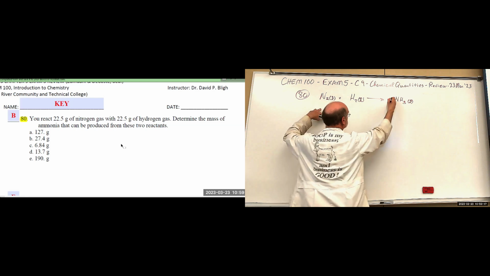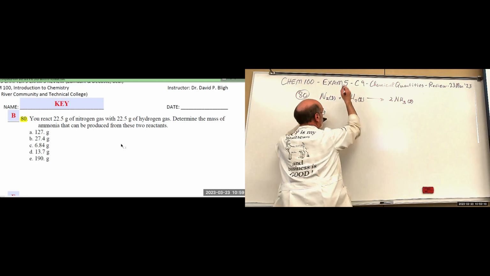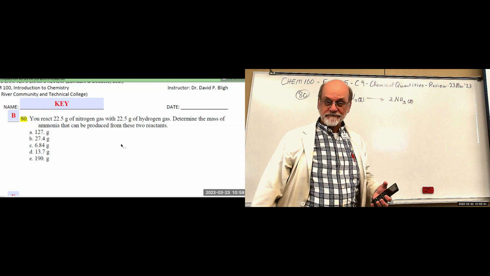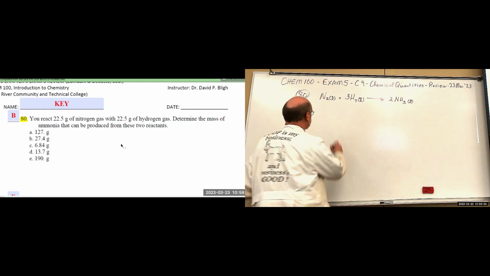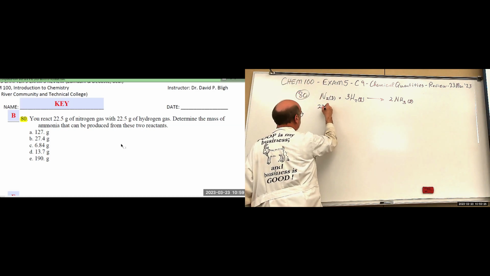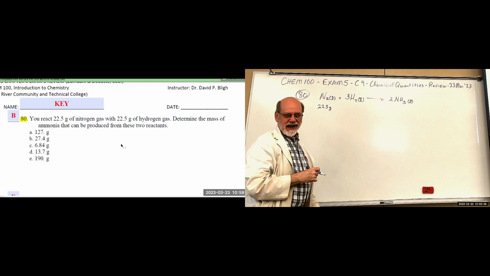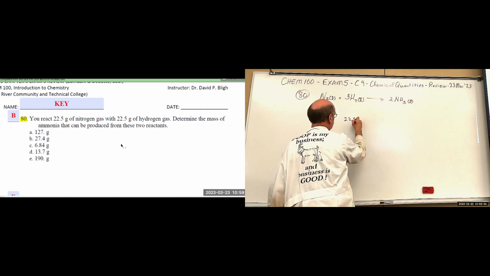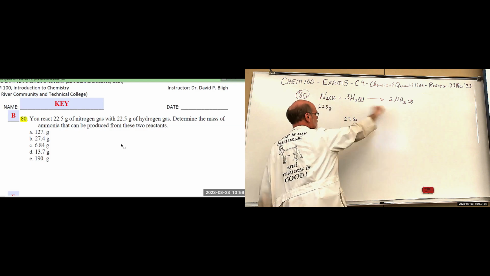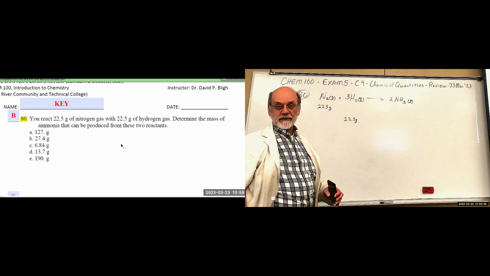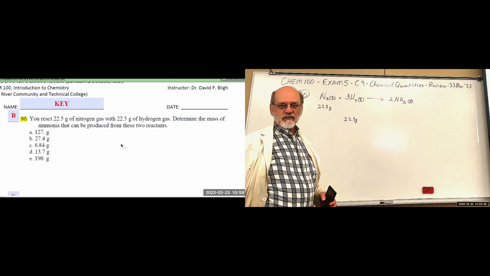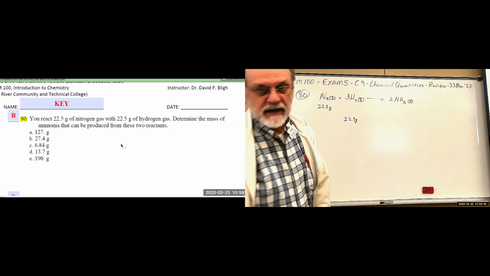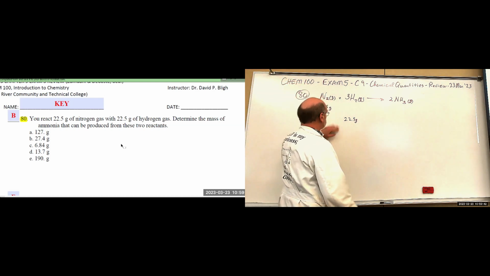So we need 2 here and 3 there to balance our equation. 22.5 grams of nitrogen react with 22.5 grams of hydrogen. I'm going to stagger them like that so I can just go ahead and string the calculation out. What's the mass of ammonia that can be produced? We need to find the limiting reactant.